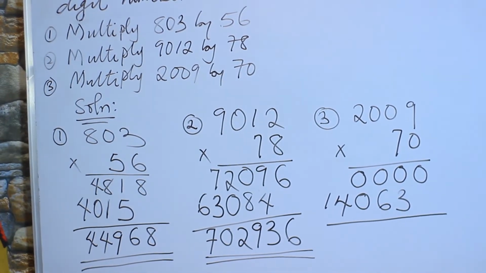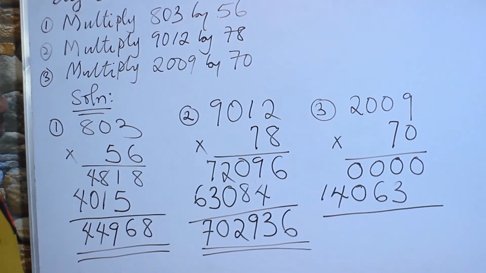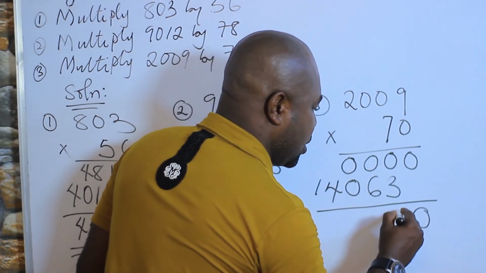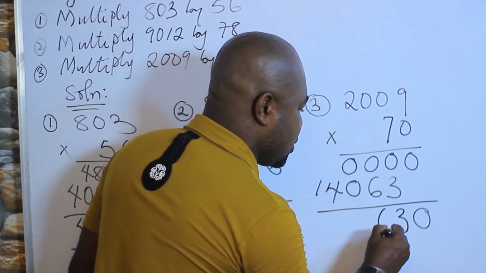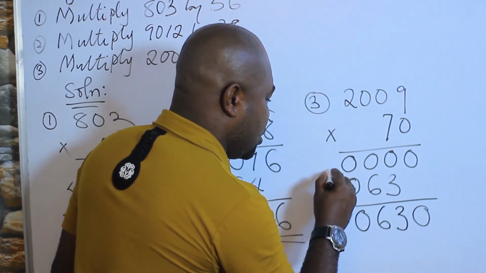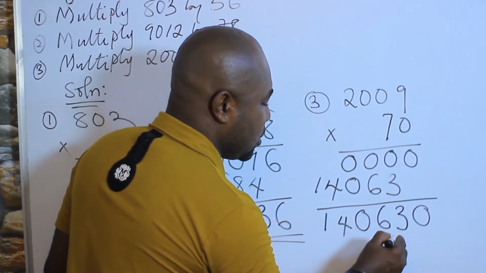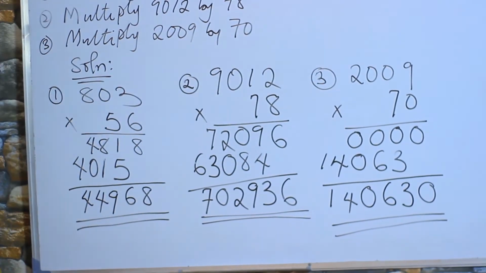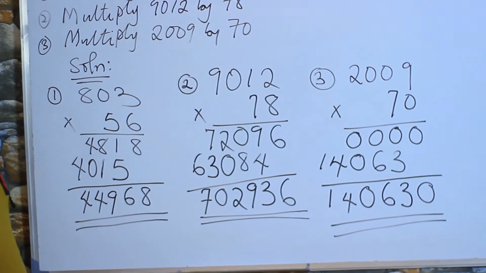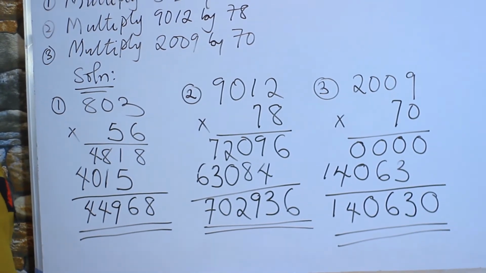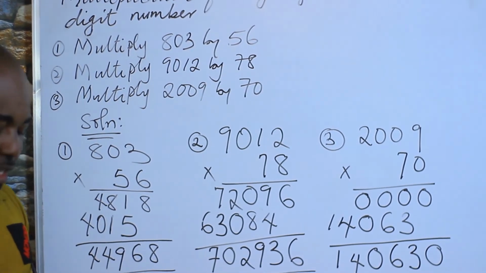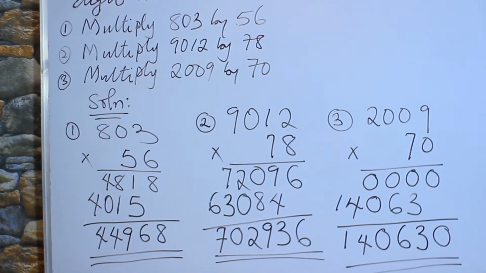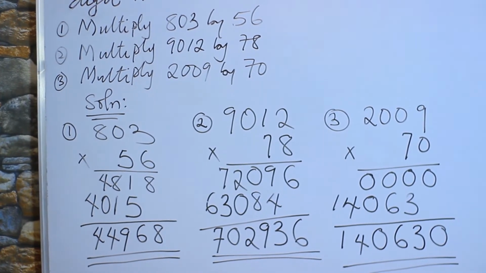We add up. 0 plus 0 is 0. 0 plus 3 is 3. 0 plus 6 is 6. 0 plus 0 is 0. This is 4. This is 1. This is our final answer: 140630. As you can see, multiplication is very simple if you actually know the principles behind it.